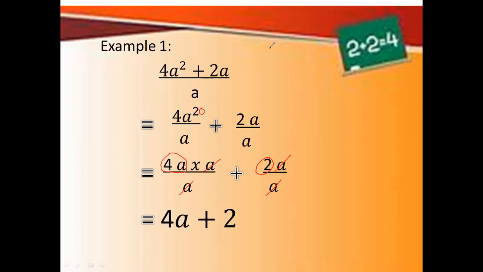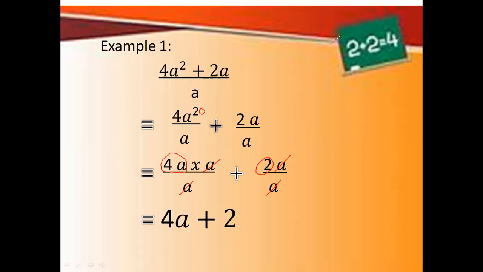So that means we subtract, especially when the exponent or power is very big. Because like the example, if we have to the power of 20, then your paper will be full of writing a times a times a times a until 20. Therefore, we follow the rule.